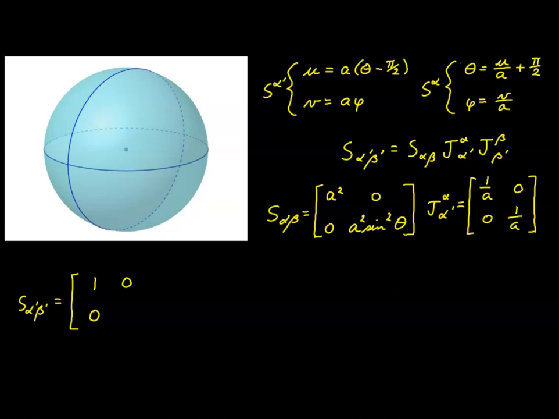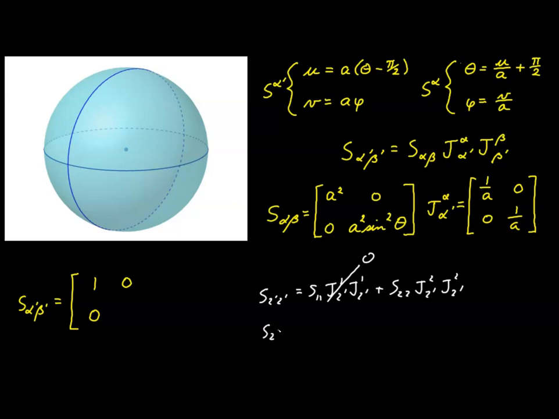Okay, so finally, the last one will be S2' 2', S11 times Jacobian 1 2', Jacobian 1 2', plus S22, J2 2', J2 2'. Well, these guys are equal to 0, so we only have this one term.